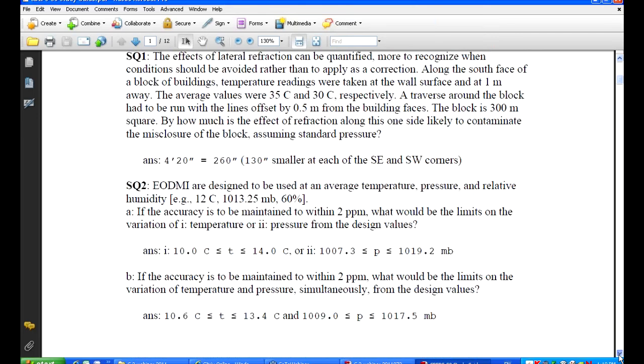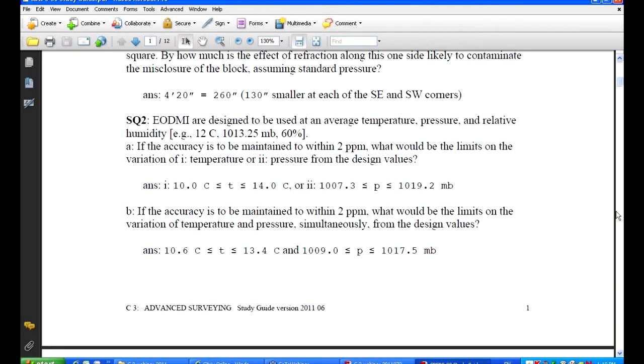So we have a formula that we can find in either urban surveying and mapping and in some of the other Chernovsky publications that would allow us to calculate it, and you realize that the effect of refraction is an arc across the bottom of the block with the same error in both angles, so the two of them together would be 260 seconds, which if you divide that by 60 would be 4 minutes and 20 seconds.